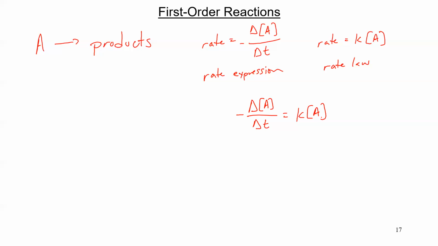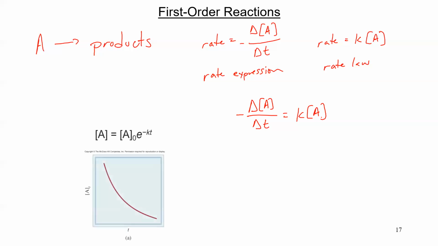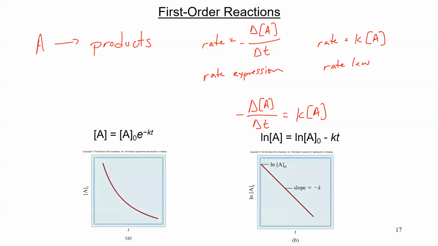Now, we can do a little algebraic rearrangement here. And when we do, we get these two equations. On the left, we have this exponential decay. In other words, if it's a first order reaction, we see that the concentration goes down exponentially based on that natural number e, right?